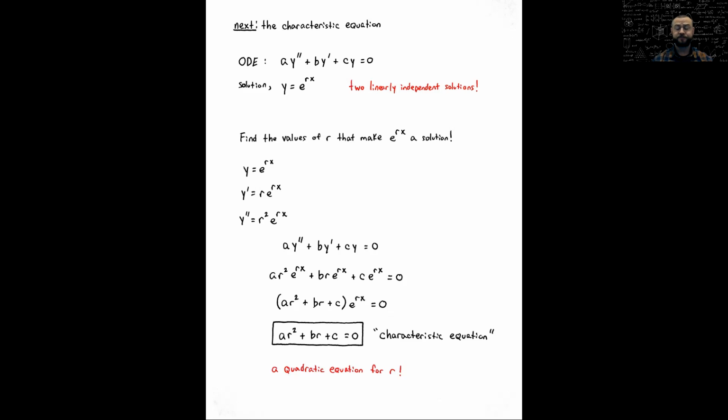Ideally, they factor. If they don't factor, you can solve for r using the quadratic formula. So at most, solving this characteristic equation should take you maybe 30 seconds maximum, just using the quadratic formula to solve for r. All right, when you're ready, let's get to some examples to see how this works.